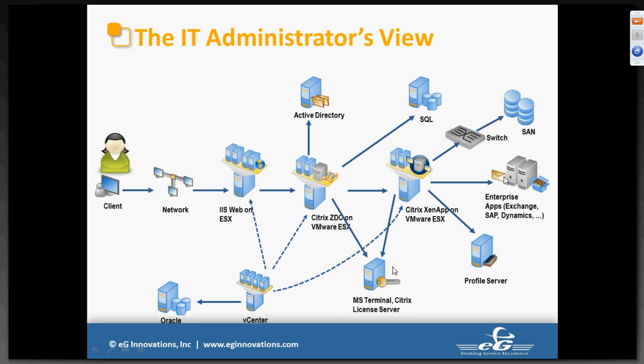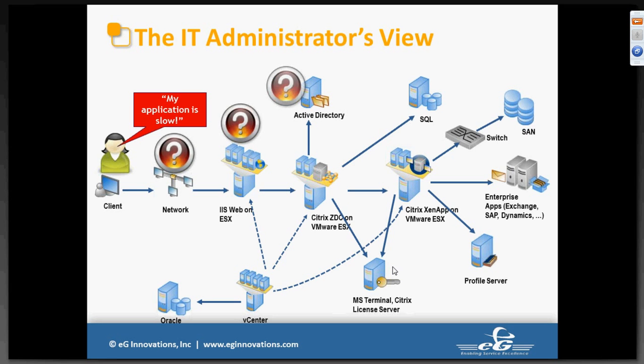Now, any of these tiers of the infrastructure can be hosted on virtual machines using technologies like VMware vSphere and Microsoft Hyper-V. To deliver the service well, all of these tiers should work well. Otherwise, the user is going to see a performance issue.